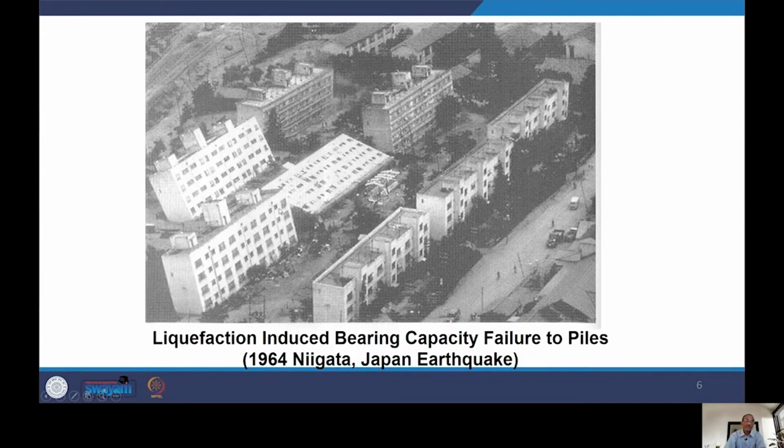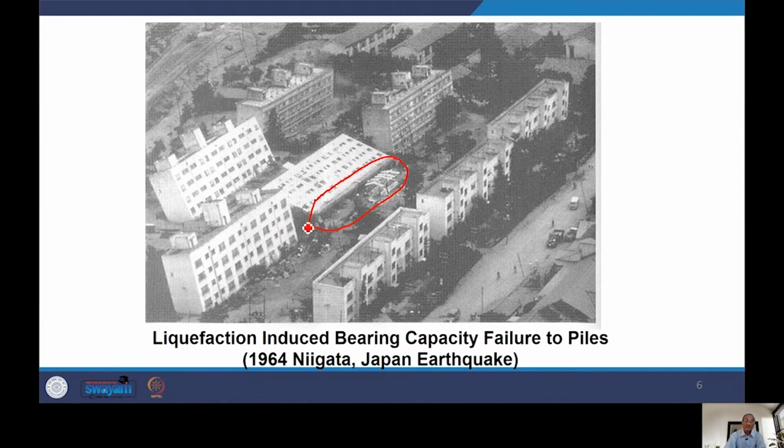It appears that its superstructure is all right, but there is a foundation failure here, at this point, for this building.